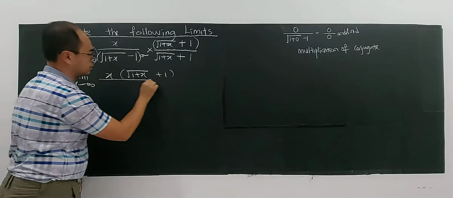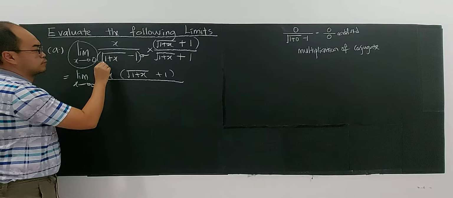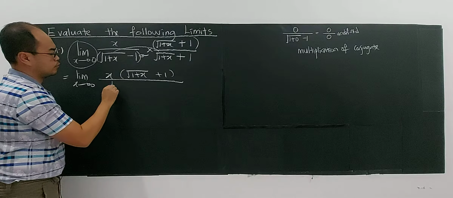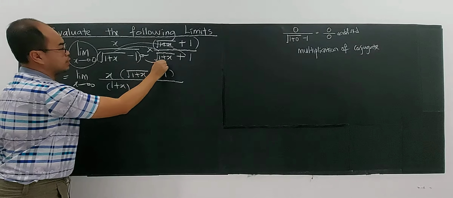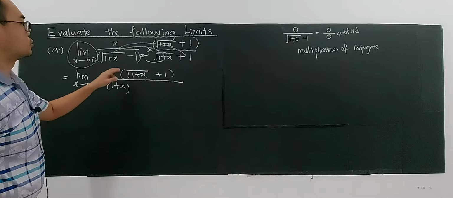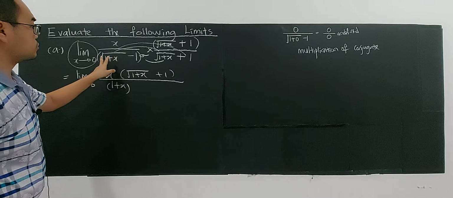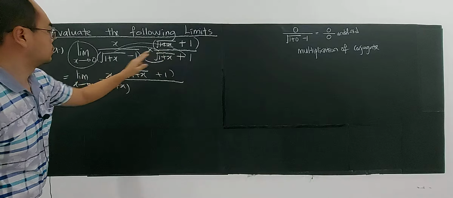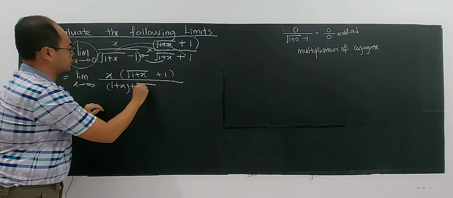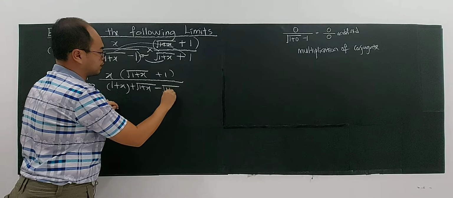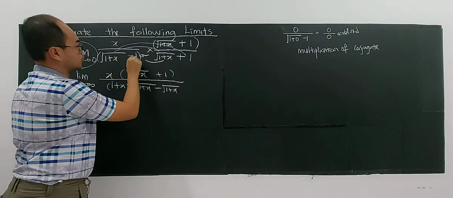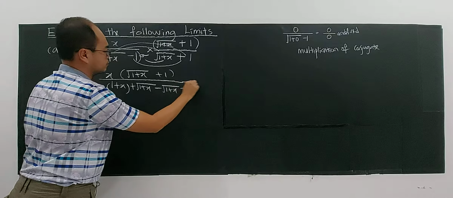But we expand these two. You expand, and you get 1 plus x, and plus 1 minus 1, plus the square root of 1 plus x minus the square root of 1 plus x. So in this one you have negative 1.